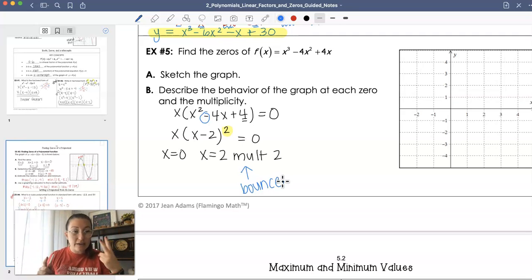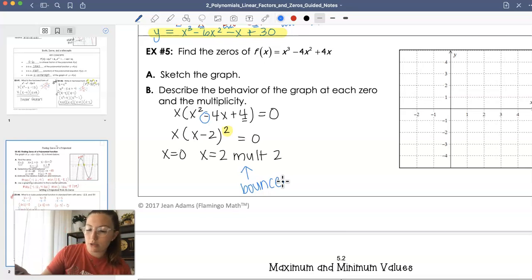Or if it's an even degree, then we think of parabolas: either both ends go up or both ends go down. That's how we determine what our end behavior is going to look like.